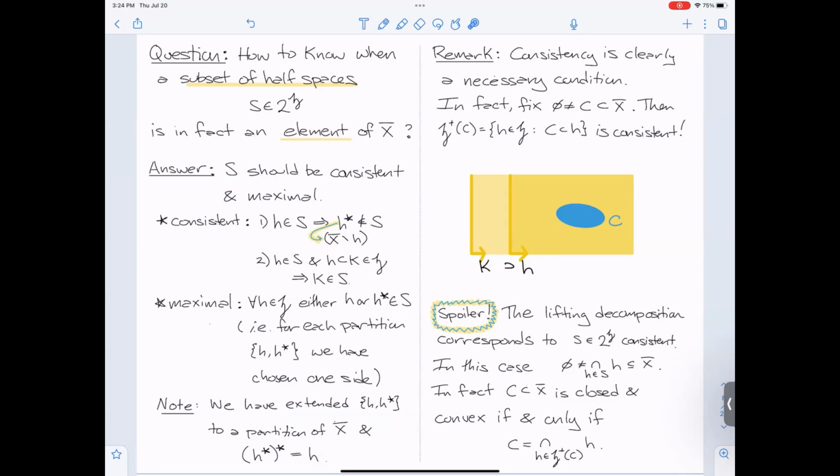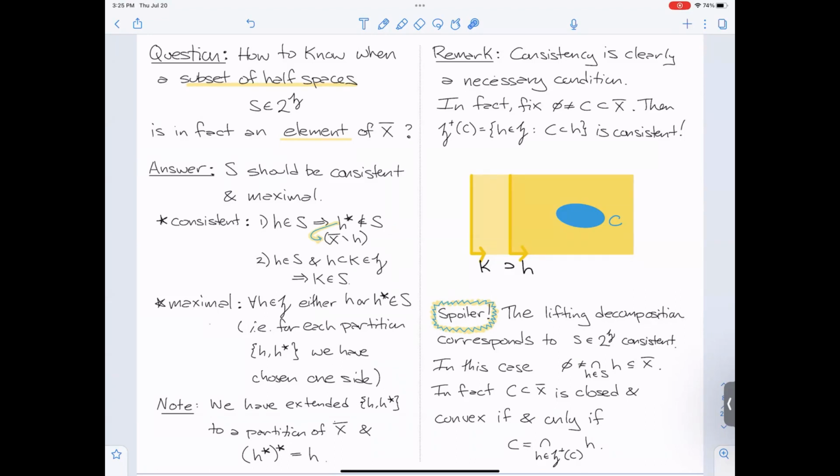So a remark is that if I have an arbitrary subset in X bar, then the collection of half spaces that contain it is automatically a consistent set. That's somewhat obvious from the point of view of the second condition. And if you think about it for a second, the first condition is also immediate as well.